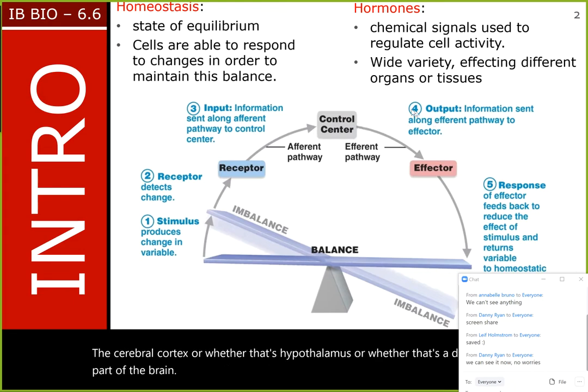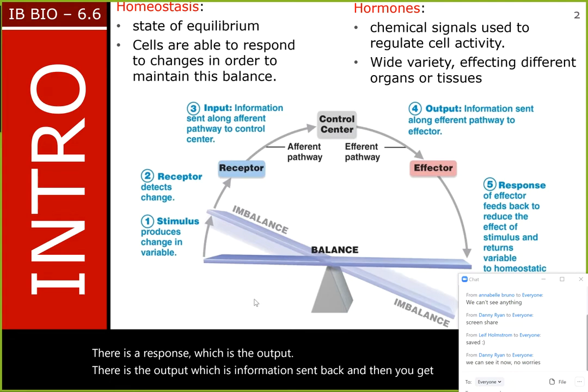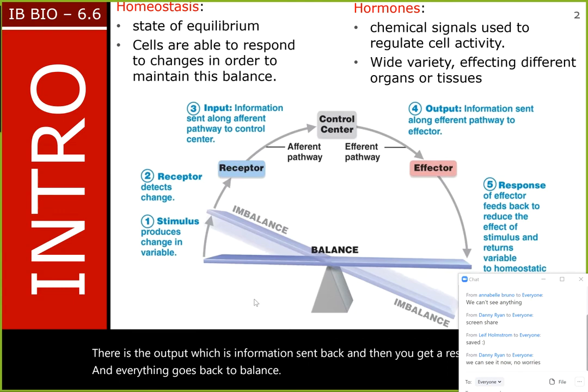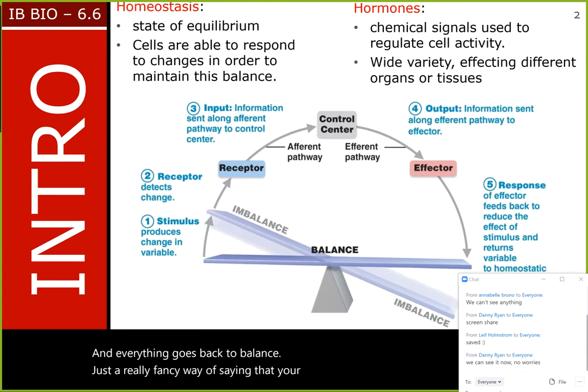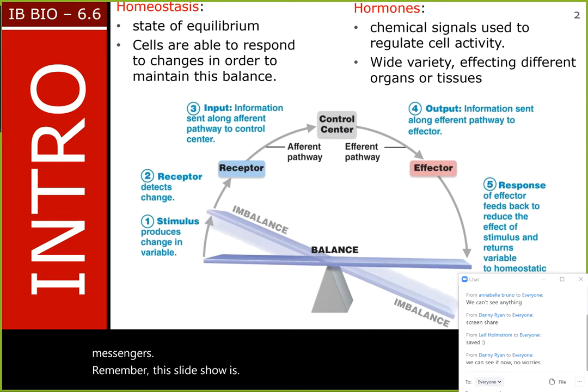There is the output, which is information sent back, and then you get a response. And everything goes back to balance. Just a really fancy way of saying that your body responds to chemical messengers. Remember, this slideshow is available on Canvas.